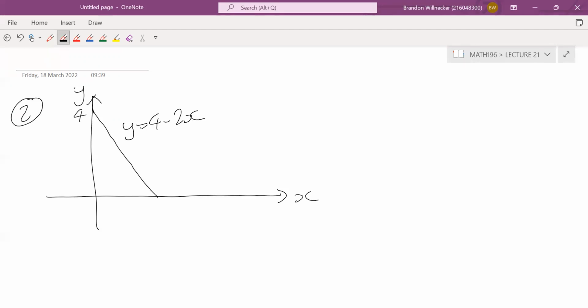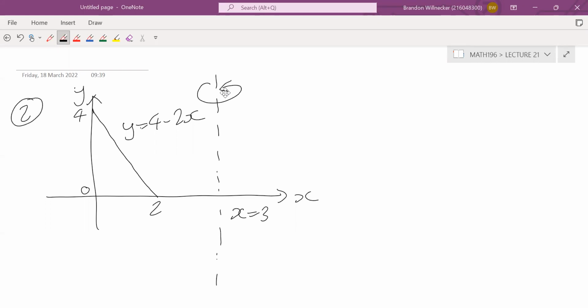So that means this is 4, we've got 0, that's 2. So we've got this line and we're rotating around x equals 3. Yes, that's x equals 3. So we want to rotate around here.